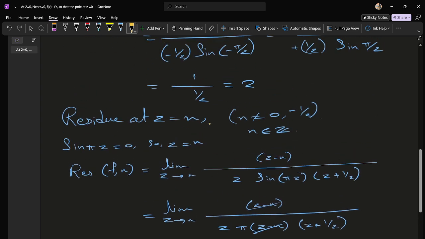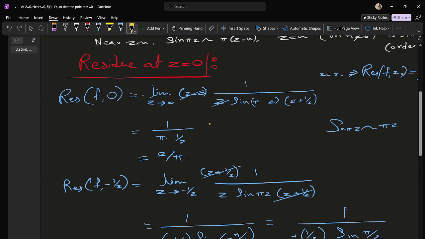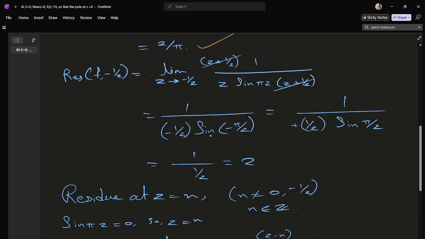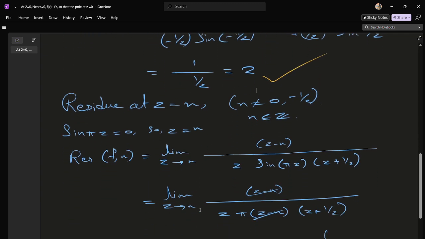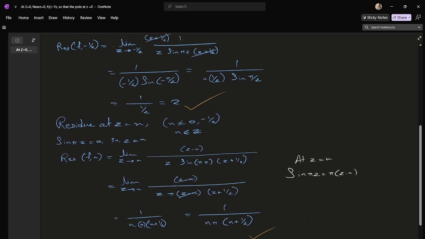The residues at those poles are: residue at 0 is 2/π, residue at minus half is 2, and residue at z equals n, where n is not equal to 0 or minus half and is an integer, is 1/(nπ(n + 1/2)). These are the required solutions of this question.